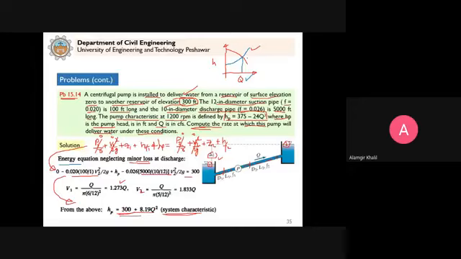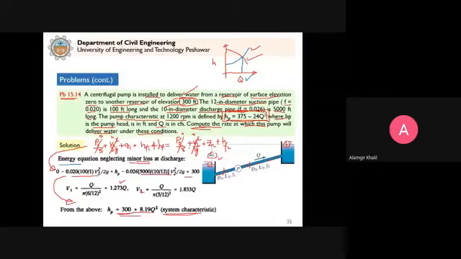And for the pump, this is given here. This is for the pump. So now the left hand side of both equations are equal. For this point here, we can equate the two equations.